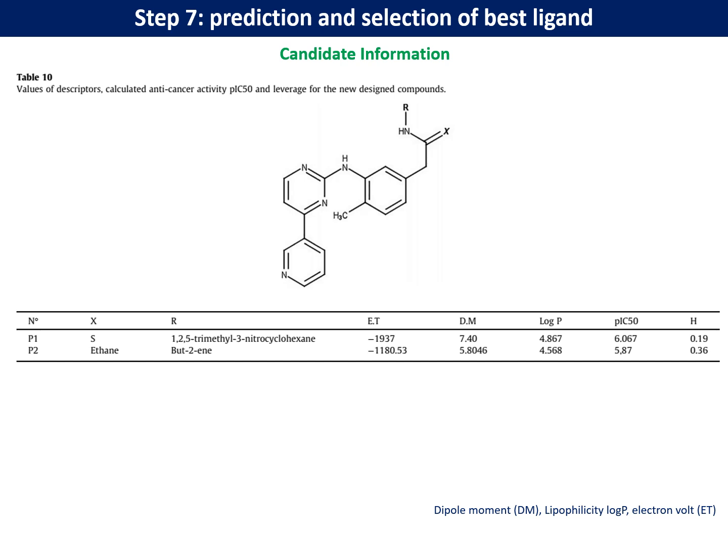This is the candidate compound, compound number 10, where X includes S and ethane, and R includes 1,2,5-trimethylene 3-nitrocyclohexane and plus 2N. And here we have around 3 molecular descriptors, as I mentioned before, in the linear regression model. And here is the IC50, and we also identify the hydrogen bond.